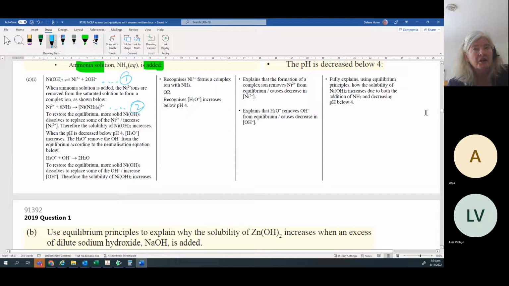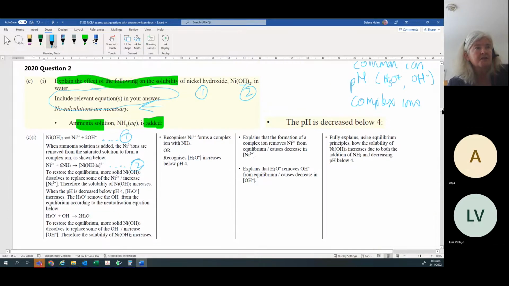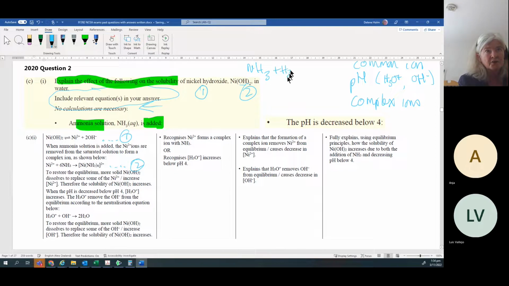That's interesting, actually. I would have insisted you first say, when ammonia is added, if you add a small amount of ammonia, I would have included this one: NH3 plus H2O forms NH4 plus and OH minus. So initially, when you add a little bit of ammonia, you are increasing the OH minus.